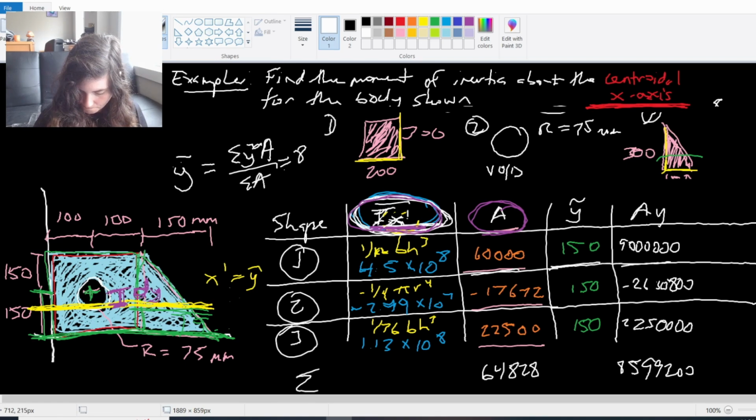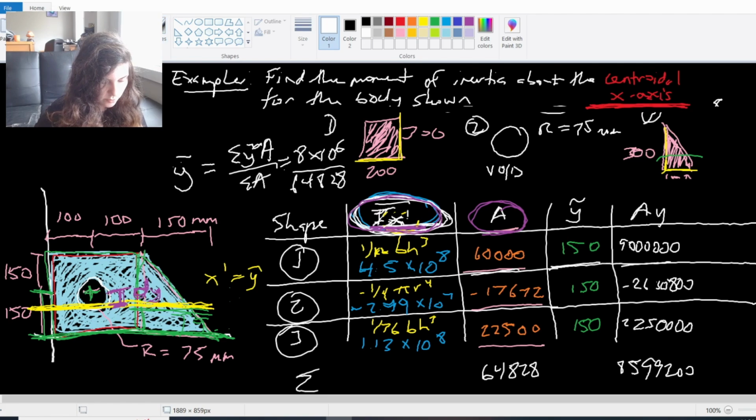So my 8 times 10 to the 6th over that 64,828 number. Punch that into my calculator, and I get the y bar for this composite shape.